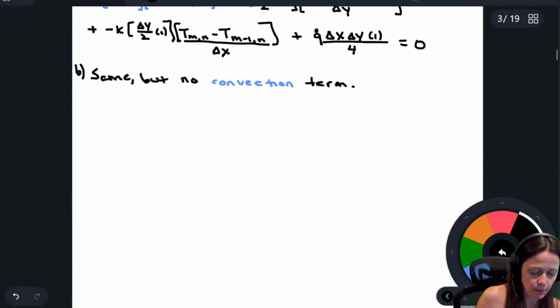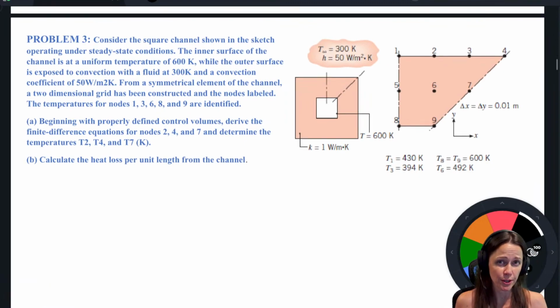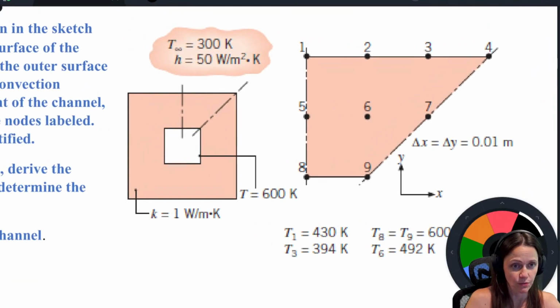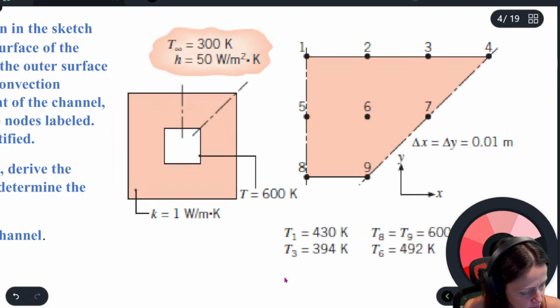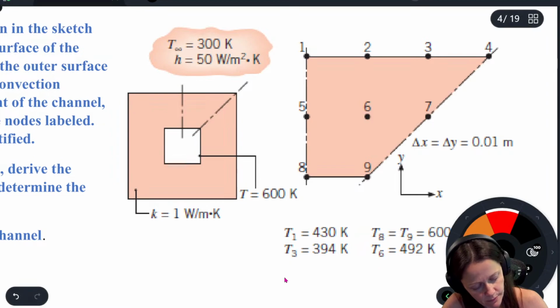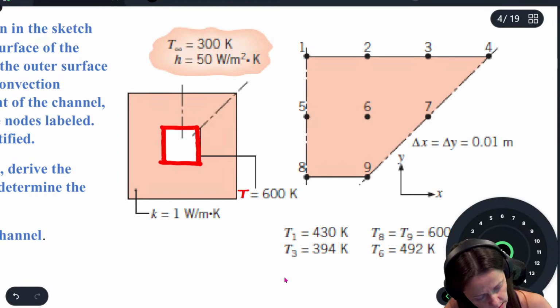Okay, problem 3. We have a square channel, and I'm going to zoom into it because I want to make sure that we've got it. It looks like the interior of this channel, this whole surface in the middle, is all at this temperature right here.